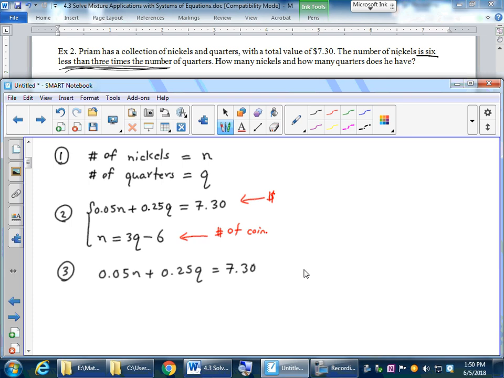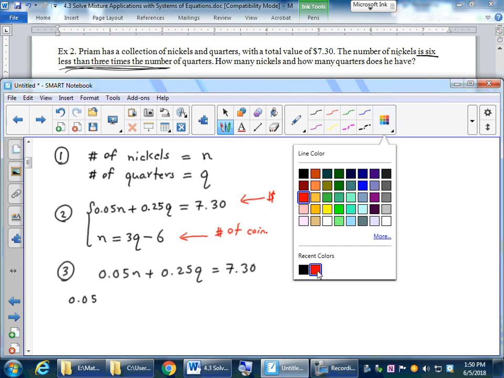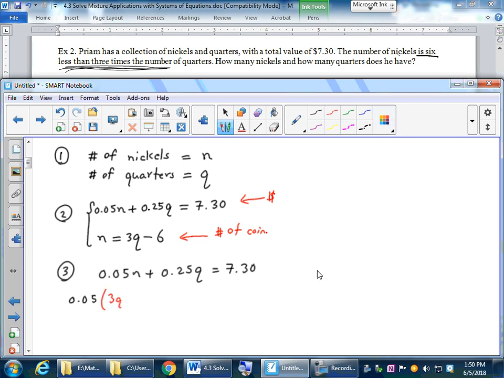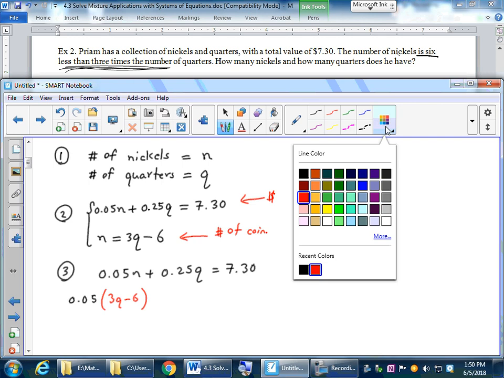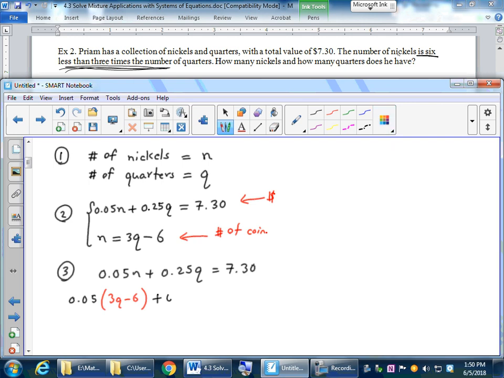And I'm going to be substituting n with 3q minus 6, so 0.05 times 3q minus 6 plus 0.25q equal to 7.30. So use your calculator, right? So that way you will make fewer mistakes.